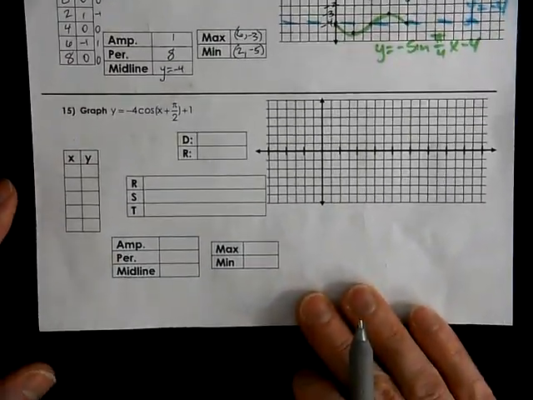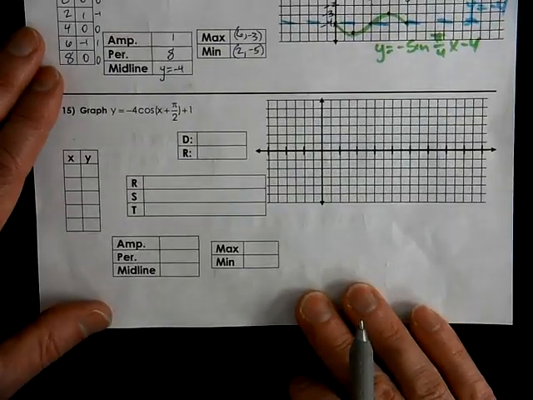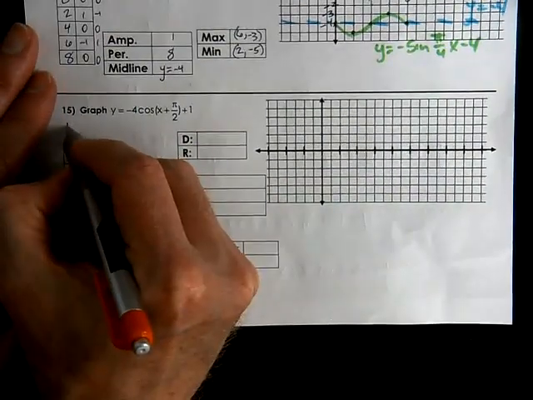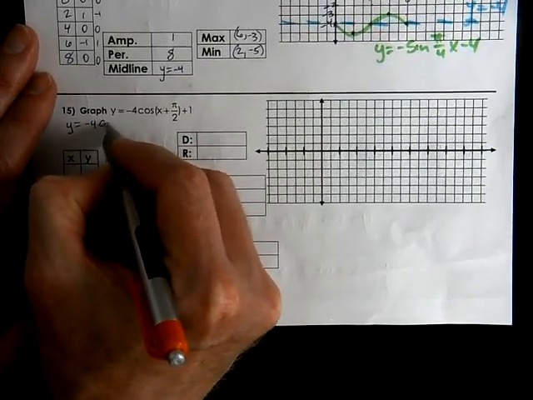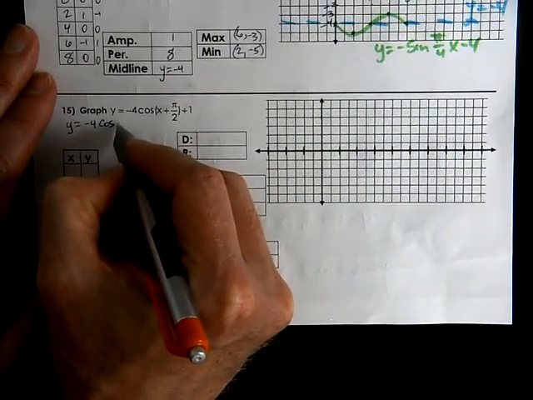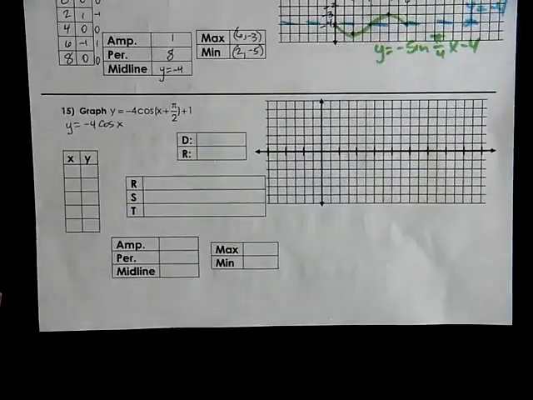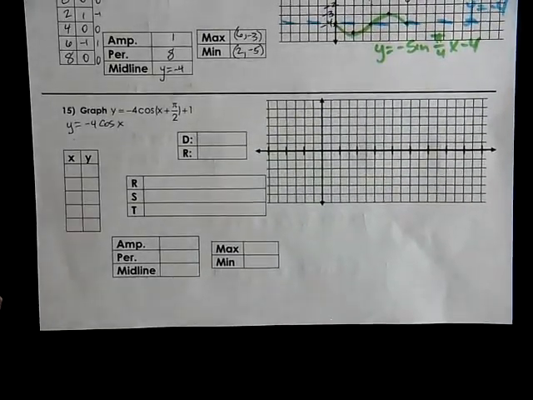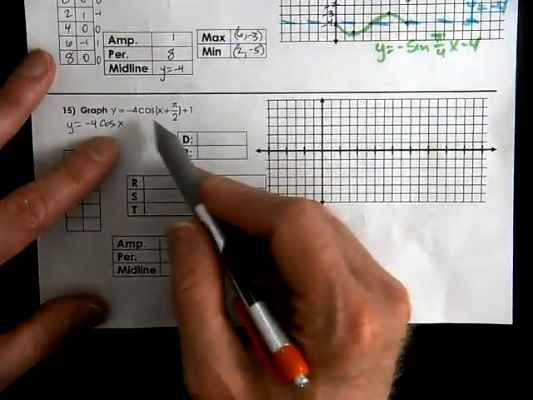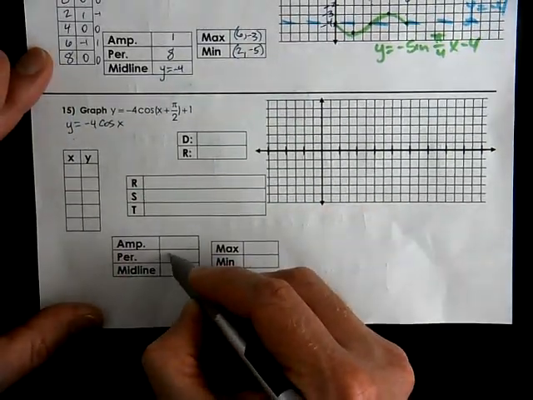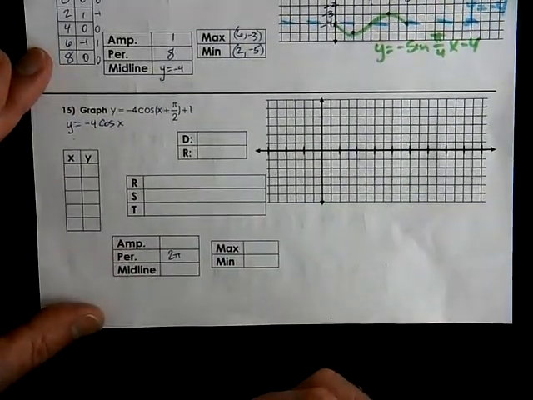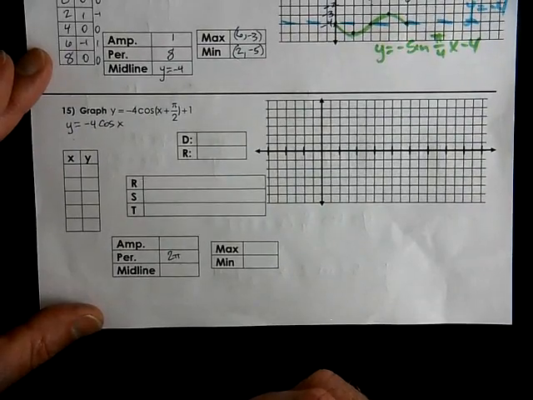Okay, last one. So we're first going to look at this equation as negative 4 cosine of x. We're going to make it a little bit simpler. Just like that. So my b value is 1, so I know my period is going to be 2 pi. 2 pi divided by 1.